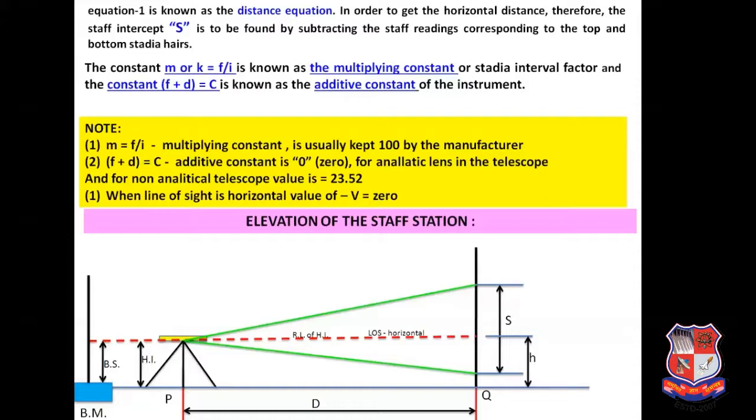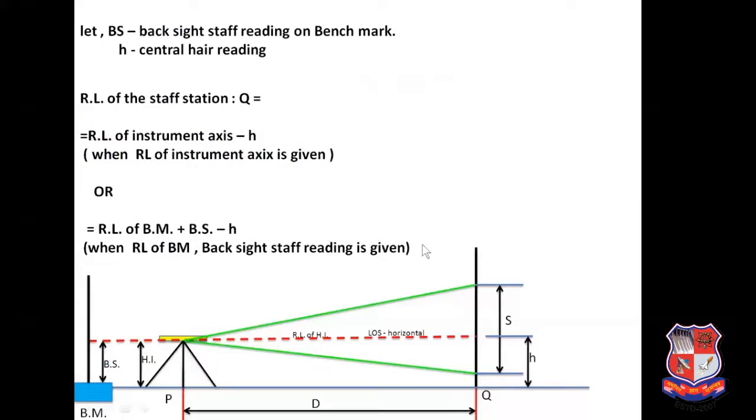Now let us find the equation to get the RL of the staff station Q. In this figure, let BS here, this is my benchmark. On the benchmark, the staff is held vertically.